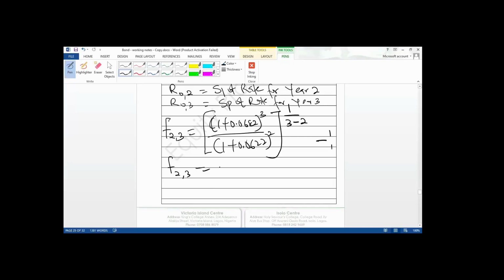You are going to get 1.0803 raised to power 1 minus 1.